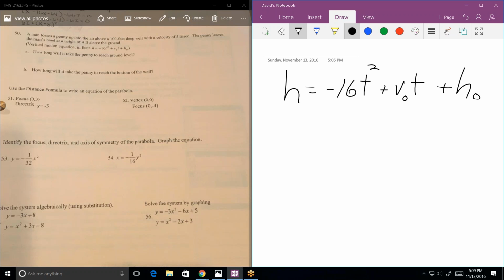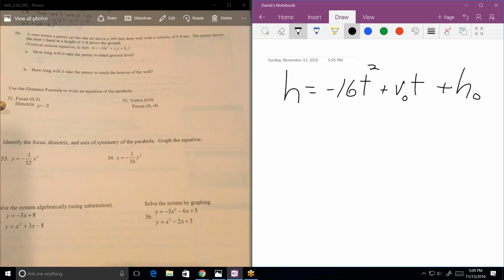Let's look at the fifth one. This is a very, very common equation I'm sure you've seen before. This is the height of anything that is being affected by gravity, and it's always equal to this equation.